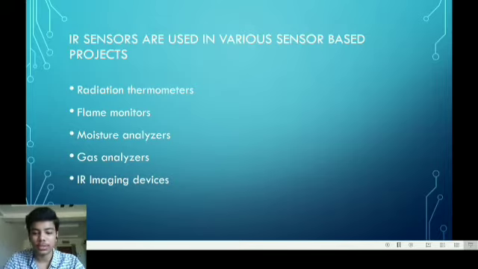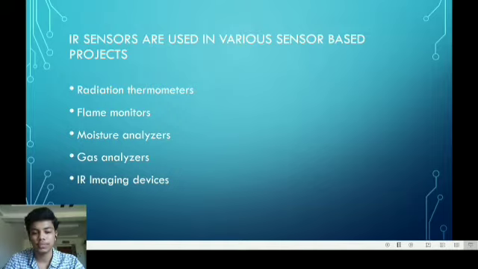Radiation thermometers: IR sensors are used in radiation thermometers to measure temperature depending upon the temperature and the material of the object, and these thermometers have the following features: measurement without direct contact with the object, faster response, easy pattern measurements.